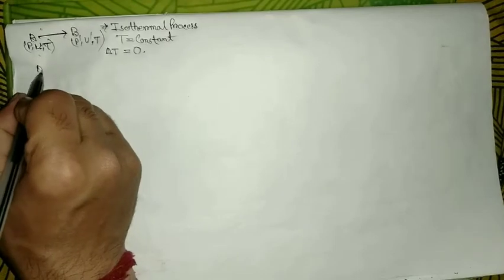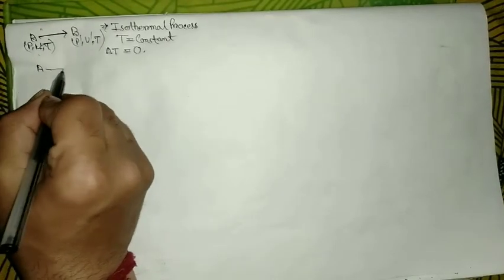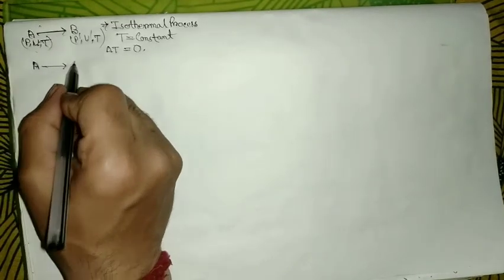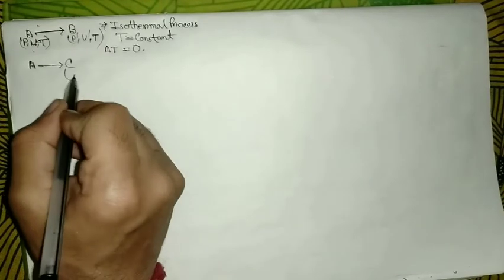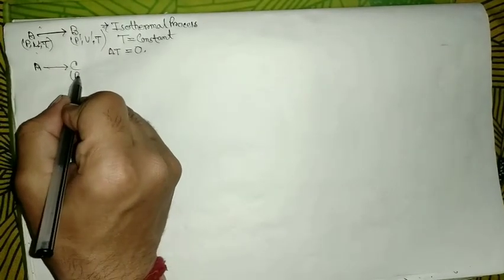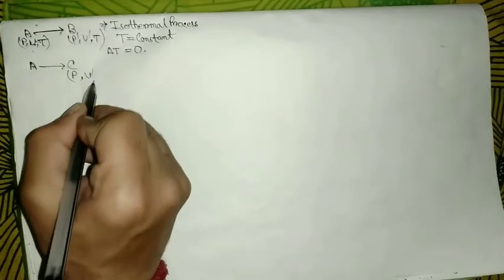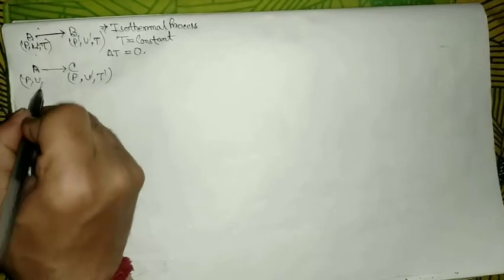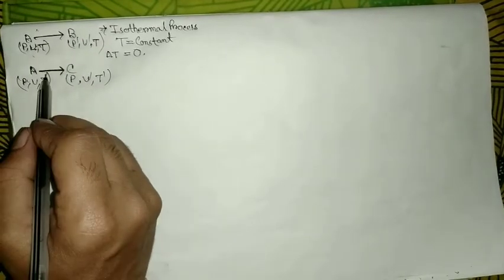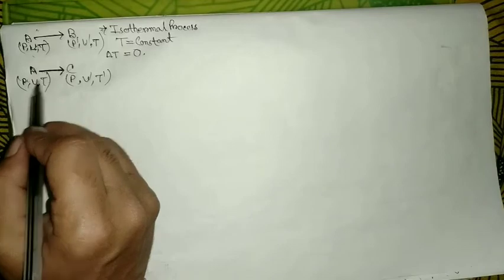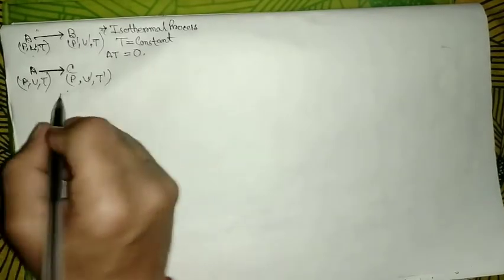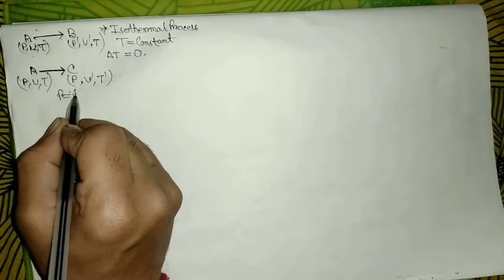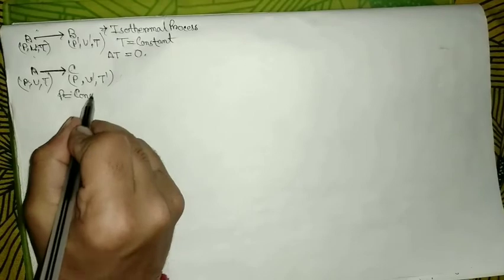Now if we consider the same system A, and by performing a different type of process system A becomes system C, and system C's variables are pressure is P and volume is V dash, temperature is T dash. And initially pressure was P, volume was V and temperature was T. So we can clearly see that by performing this process, pressure remains same, or pressure is constant.